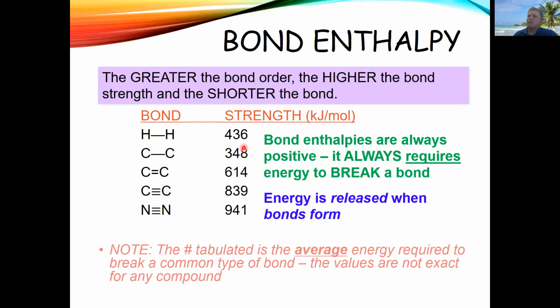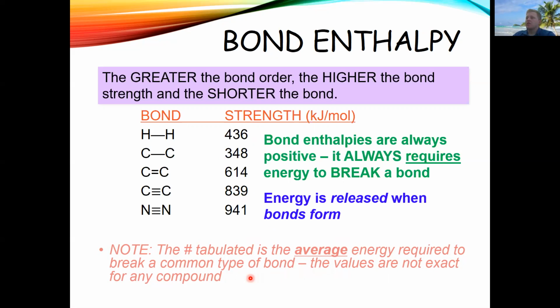In reality, the bond strength depends on what molecule you're in, what else these carbon atoms are bonded to, whether they're bonded to or double bonded to an oxygen or bonded to a nitrogen, etc. All that's going to affect this bond strength. And so because of that, the calculations we do in this lecture are only going to be approximate, but they're useful when you don't have the delta H of formation of a specific species in a chemical reaction.